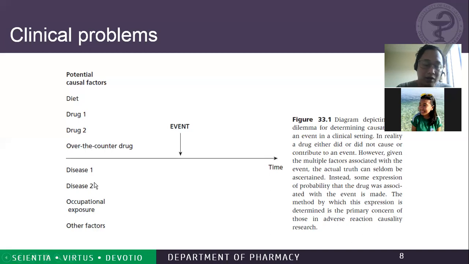Then it can also be the disease itself, comorbidities, occupational exposure, and other factors.